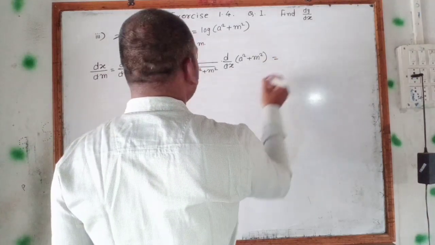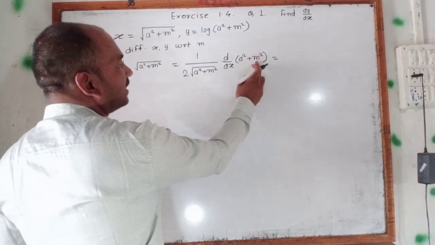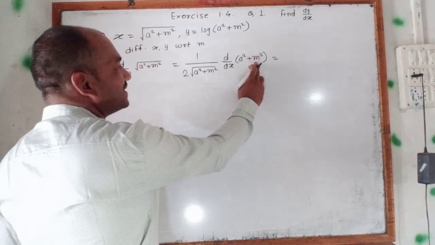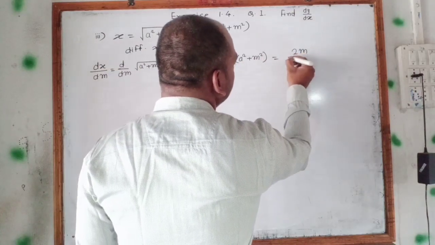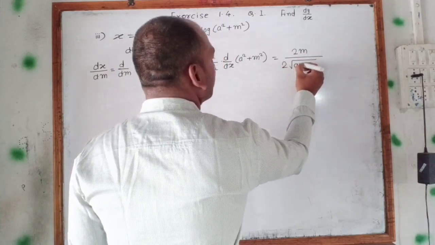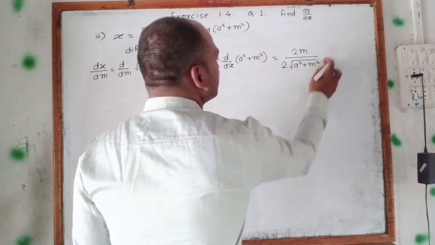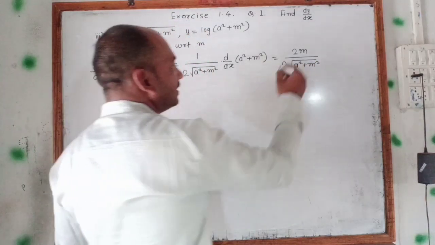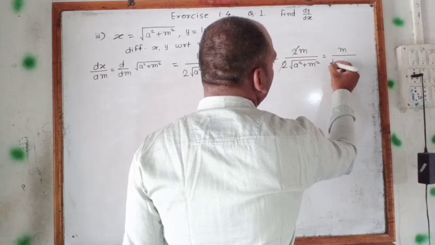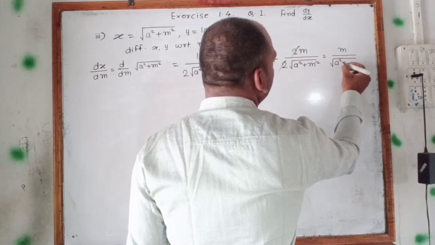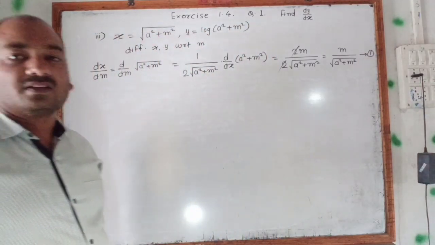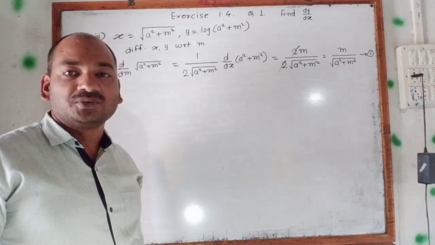After this, the derivative of a square is 0 and of m square is 2m. So twice m divided by 2 square root of a square plus m square. So finally what do we cancel here? 2 cancels with 2. So we have m upon square root of a square plus m square, equation 1. So in this way we differentiate x with respect to m.